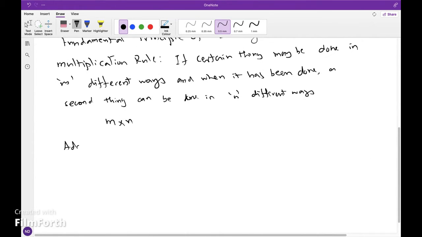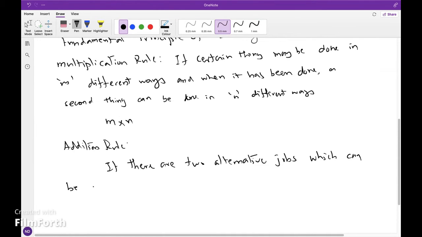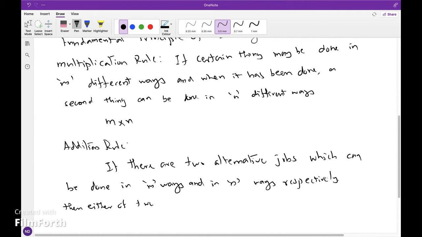Addition rule: if there are two alternative jobs which can be done in m ways and in n ways respectively, then either of the two jobs can be done in m plus n ways.